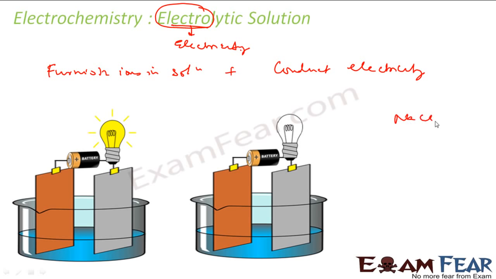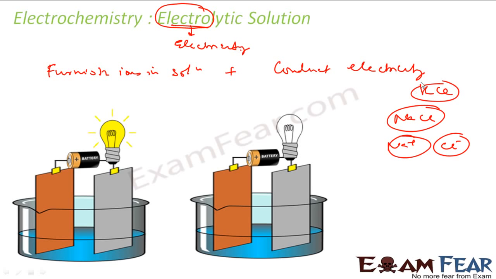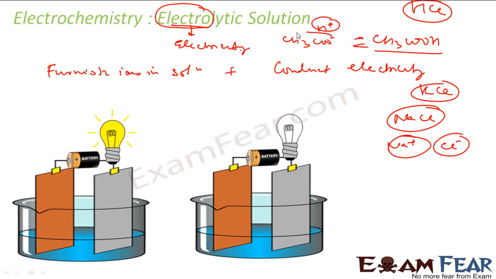For example, NaCl: you put it in water, and this becomes Na+ ions and Cl- ions, and these ions conduct electricity. Other examples are KCl, or even HCl, even acetic acid. Acetic acid you put in water, you get CH3COO- and H+.